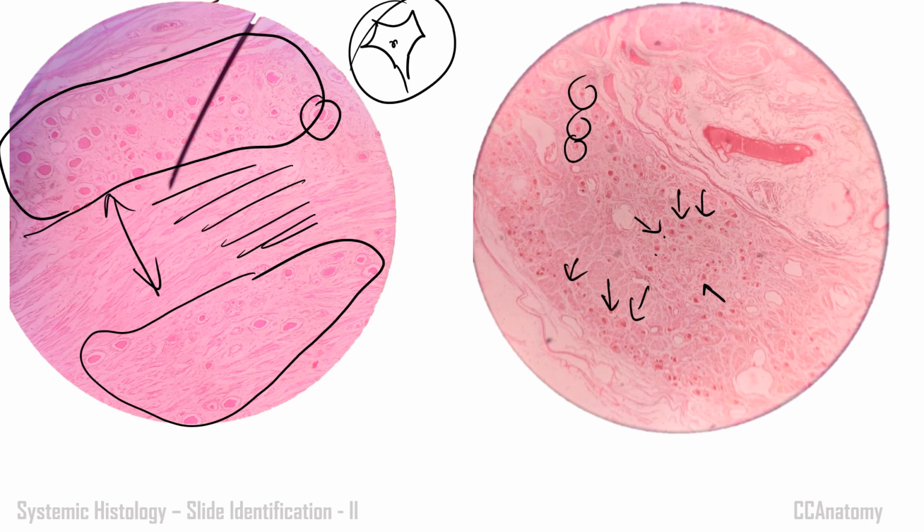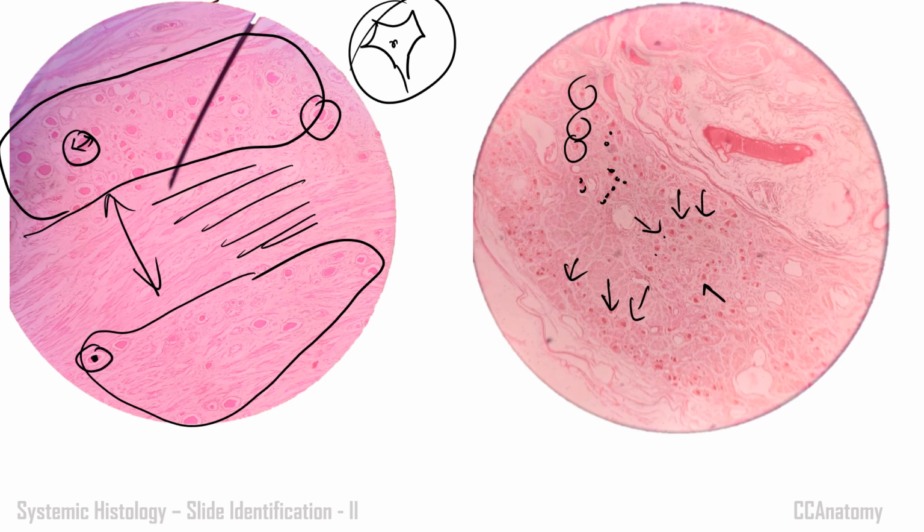Then one more differentiating point: in the spinal ganglion, you can usually see the cell body clearly because of the larger dimension of the neuron. In the sympathetic ganglion, it is more tiny in nature, so you can't see its architecture clearly. When you observe closely in the spinal ganglion, you can see the nucleus is almost in the center.